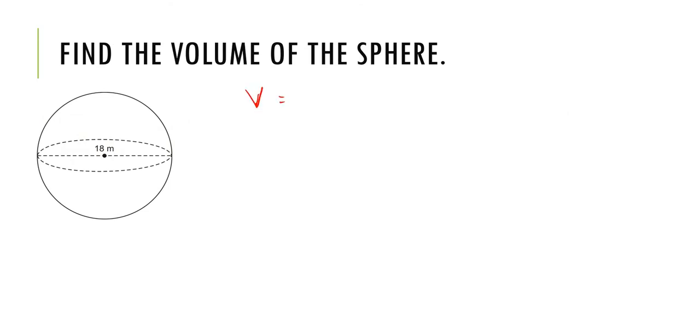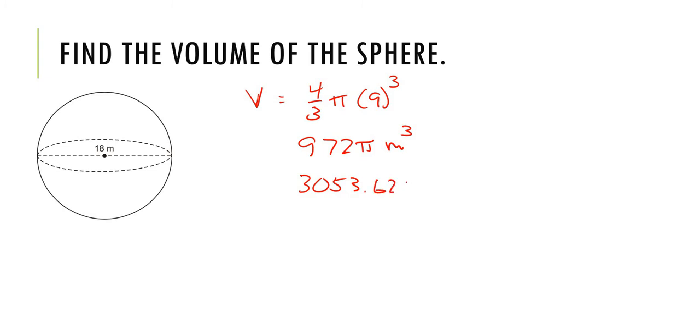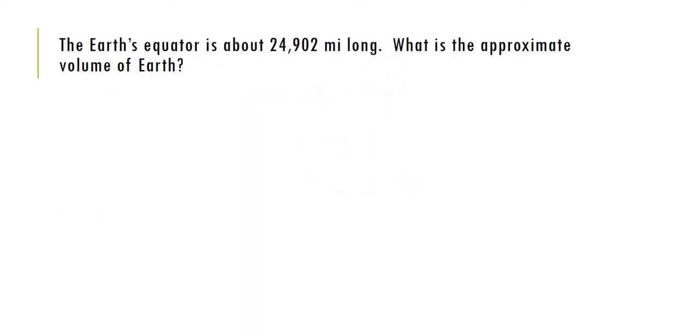So again, the volume of the sphere would be 4/3 pi times 9 cubed, and I got 972 pi meters cubed. Again, if you want to change that to a decimal, we get 3,053.628 meters cubed. So this is pretty much plug and chug.